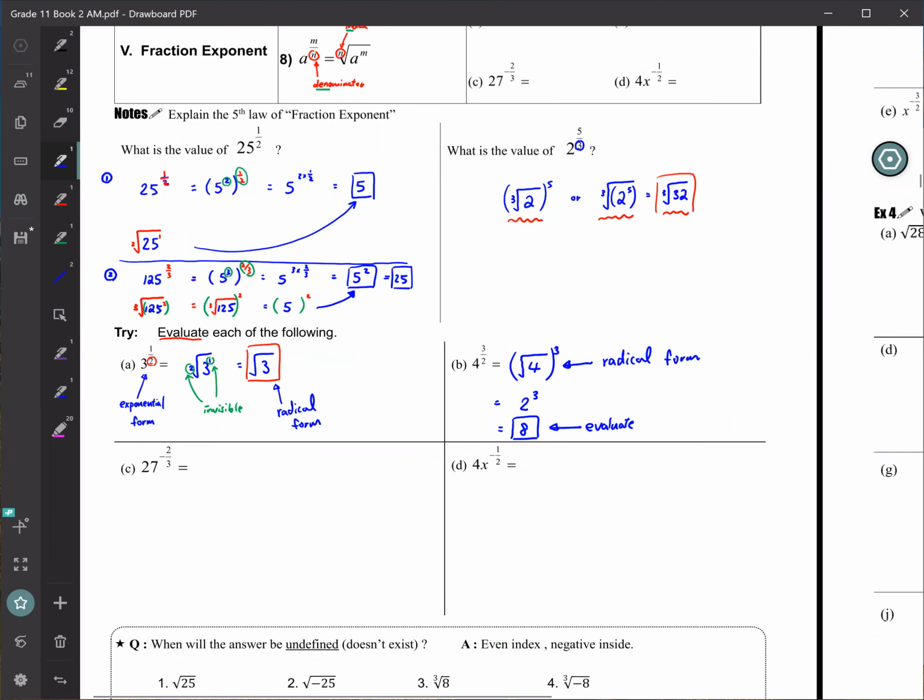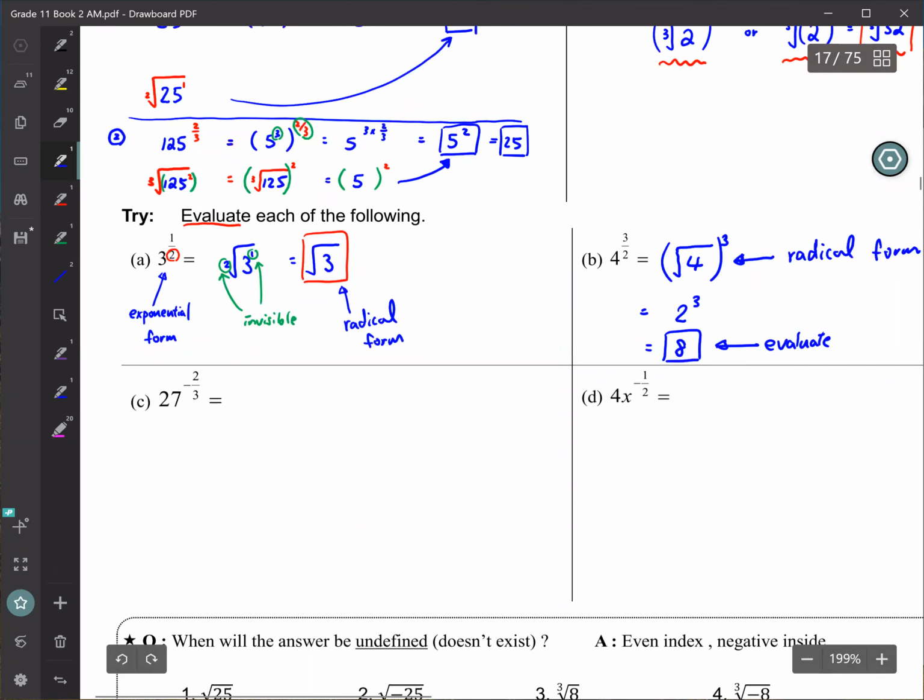Now C has a mix of two things, right? You have a negative 2/3. So your exponent is this. This is your exponent. So the exponent not only has a fraction, but also has a negative sign.